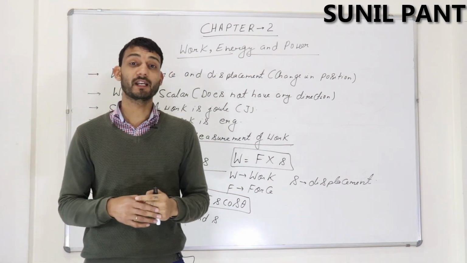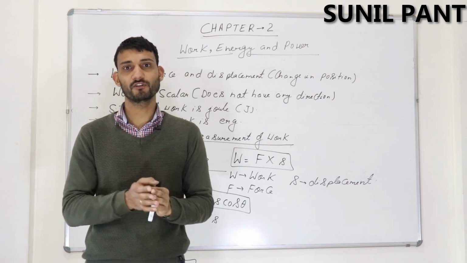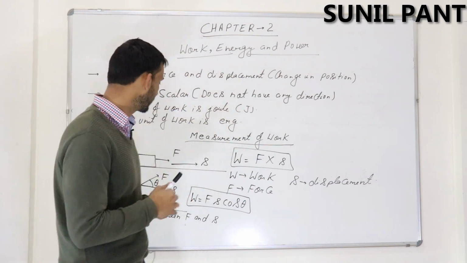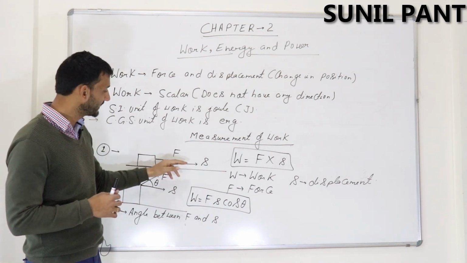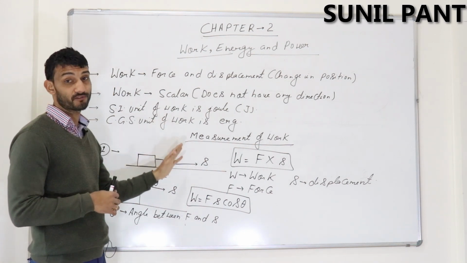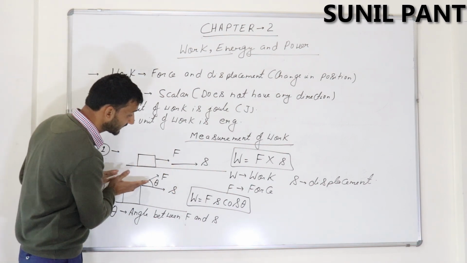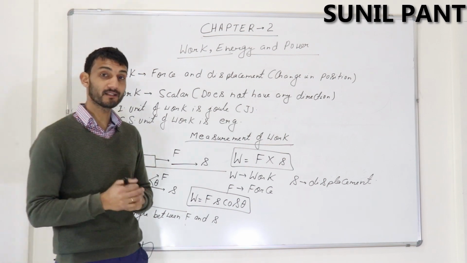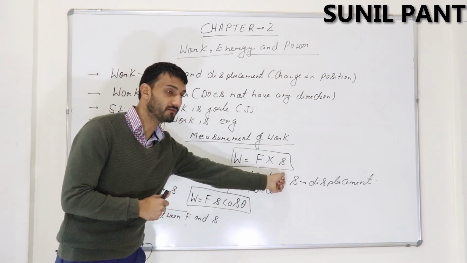So next we'll understand how to calculate the work. For calculation of work we have two cases. The first case is one in which a force is being applied and the body does displacement in the direction of the force. In that case the product of force and displacement will give you the work.